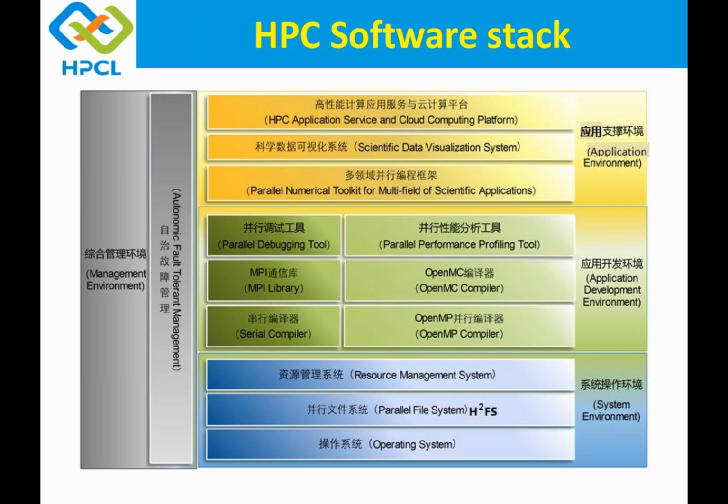The way you program this computer is that there are several layers. At the bottom layer, you have the system environment: the operating system, a parallel file system, and a scheduler, which manages all the resources.